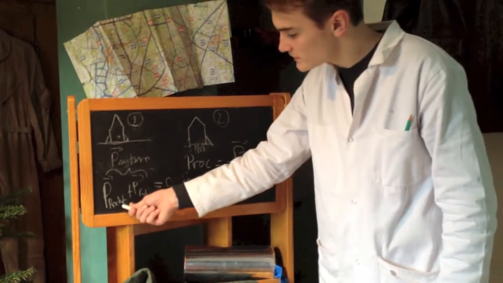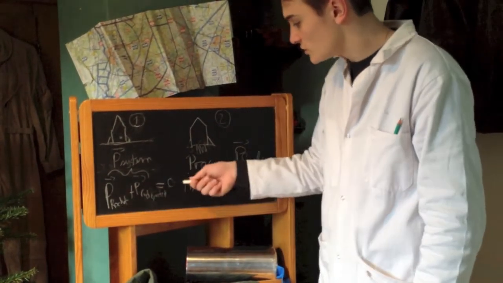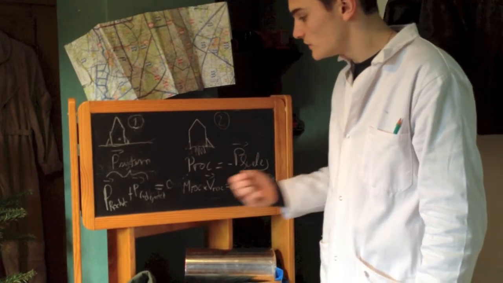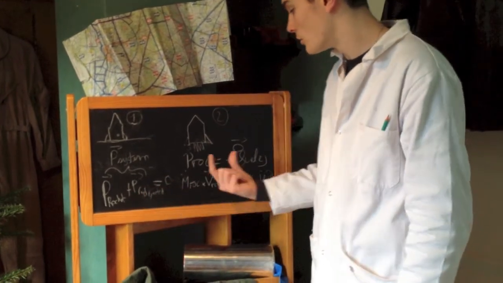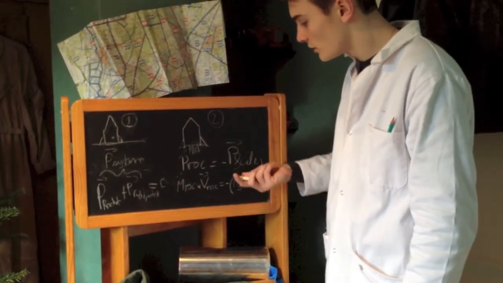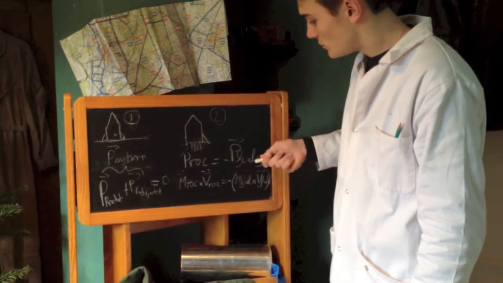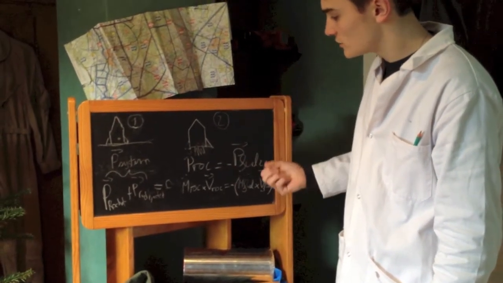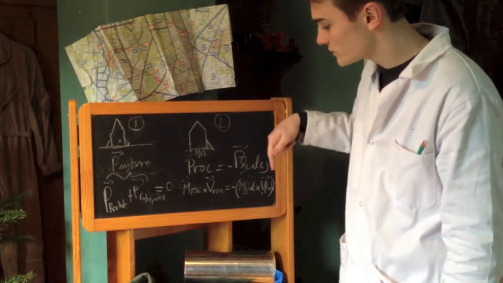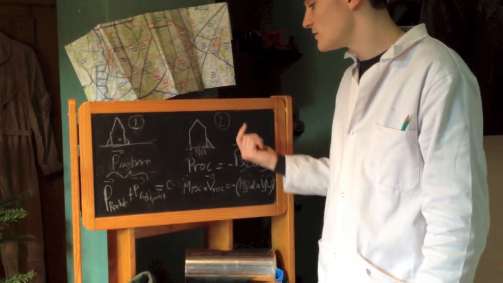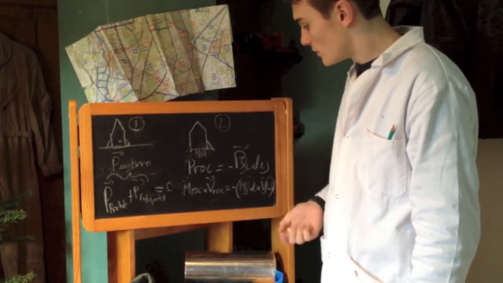So from this equation, we get this equation by putting the quantity of motion of the fuel on the other side of the equal sign. We get a minus, because the velocity of the fuel ejected is oriented downwards, and the velocity of the rocket is oriented upwards.